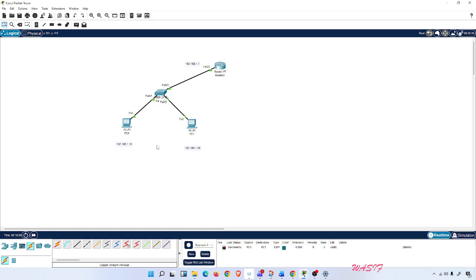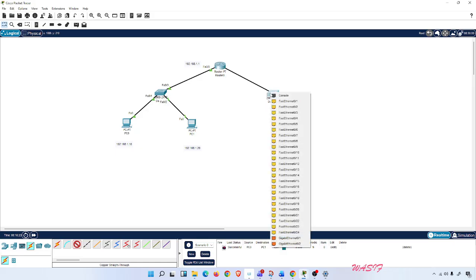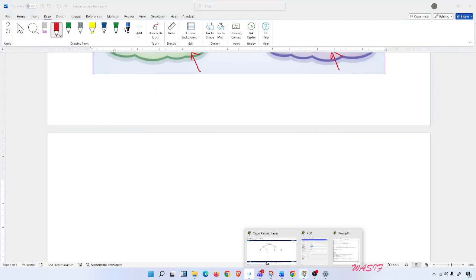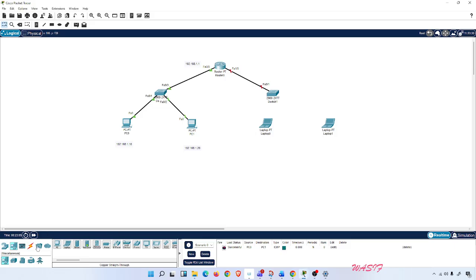Now let me extend the network. For example, let me grab another switch here. Okay, so let me configure this one.